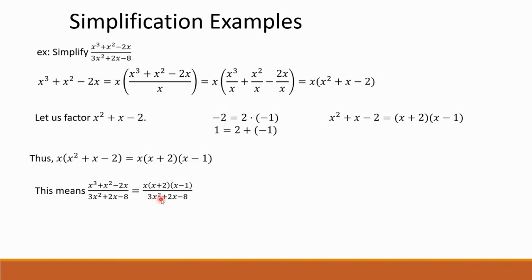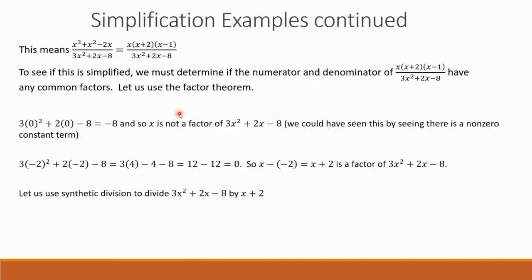Now for the bottom, can we factor that one? For the denominator, you probably could try factoring it if you really wanted to, but we could just use the factor theorem. We've got a minute left, so let me just check something.